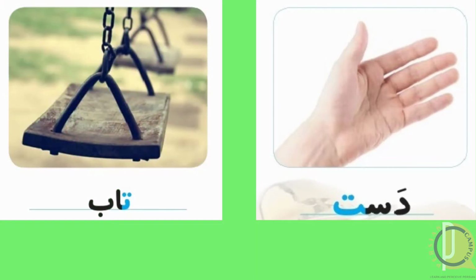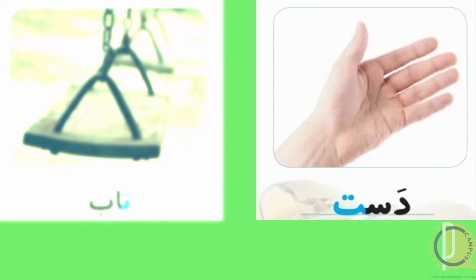You already have learned D, A, S, and today the blue one is T, that sounds T. It means hand. Next example is Tab, with little t at the beginning. Tab means swing.